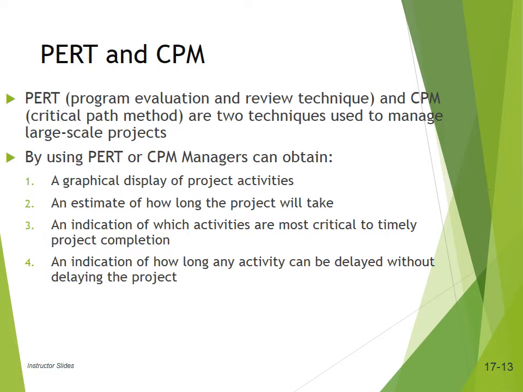And it gives an indication of how long an activity can be delayed without delaying the project. So some activities cannot be delayed at all. Those are the critical activities. The non-critical activities can be delayed, but there is again a limitation of how much you can delay them so that the whole project is not delayed.